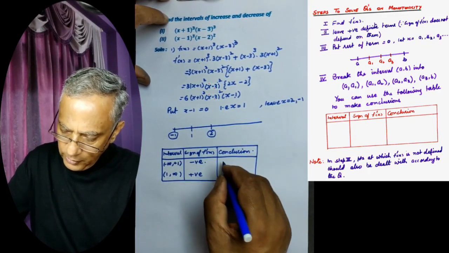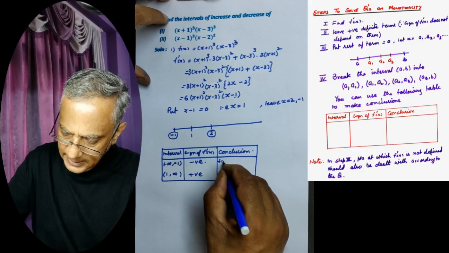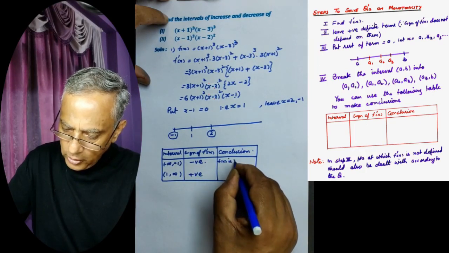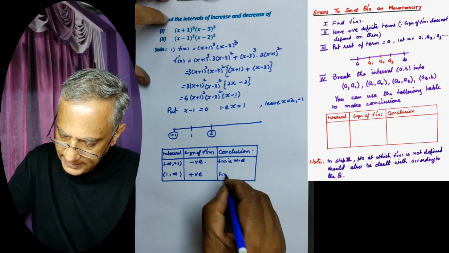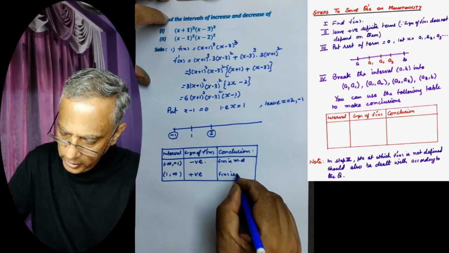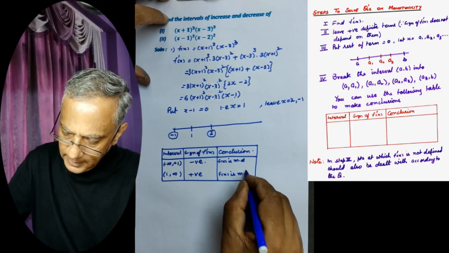So conclusion will be fx is monotonically decreasing, and here fx is monotonically increasing.